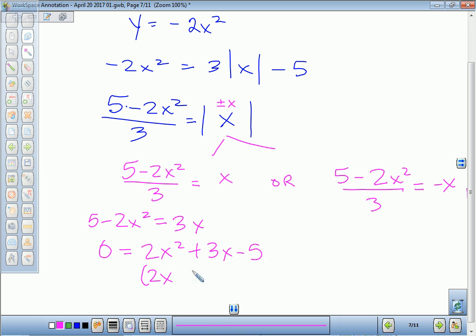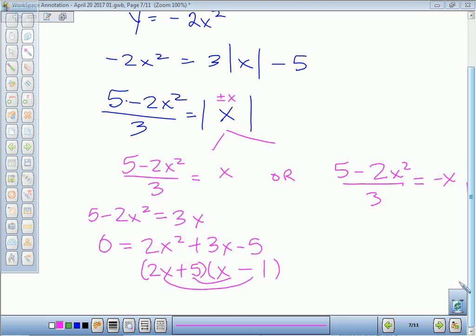So let's do a 2x here and an x here. And I need a positive 5 and a negative 2. There we go. That's a 1. Right, but a positive 5x and a negative 2x. So I got possibilities of negative 5/2 and positive 1 right there.